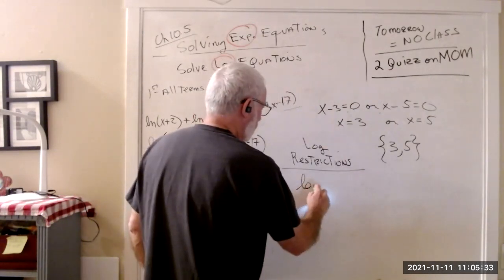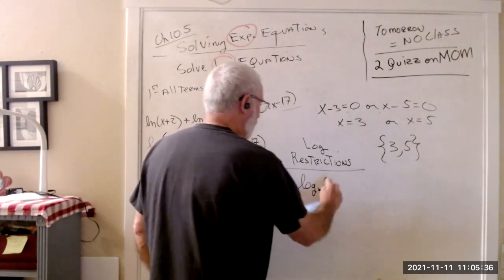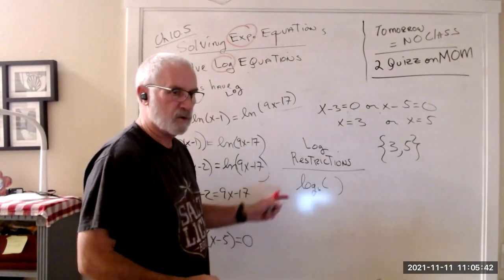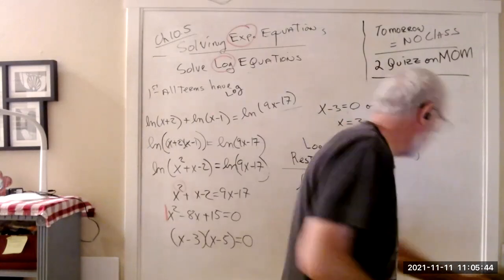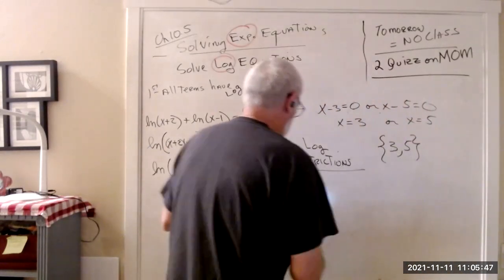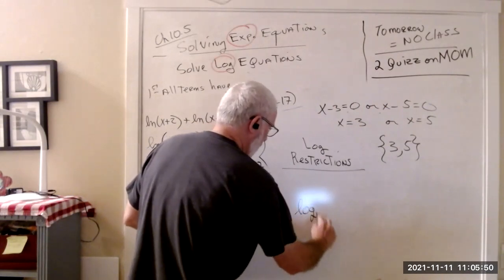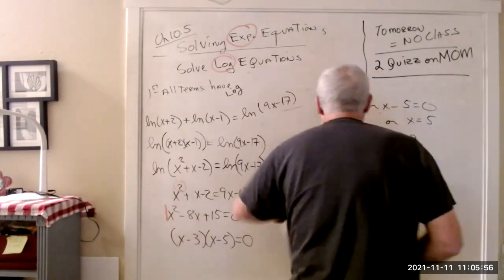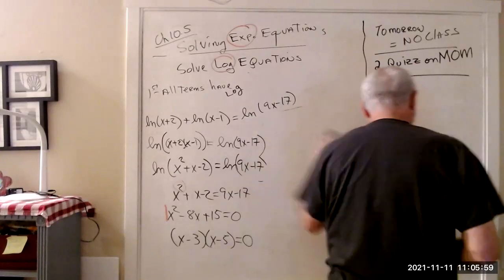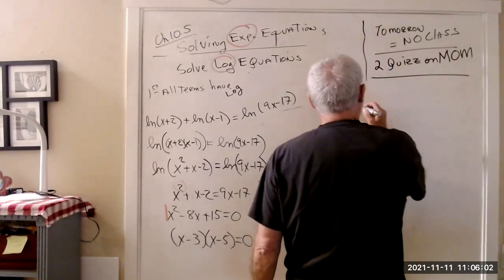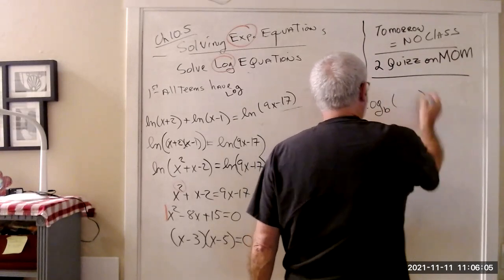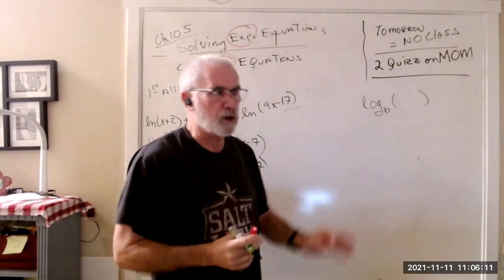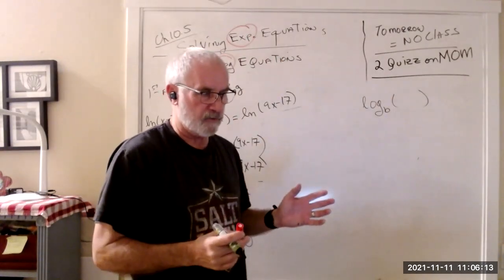When you have the log base b of something, there's a couple subtle restrictions that you need to be aware of.